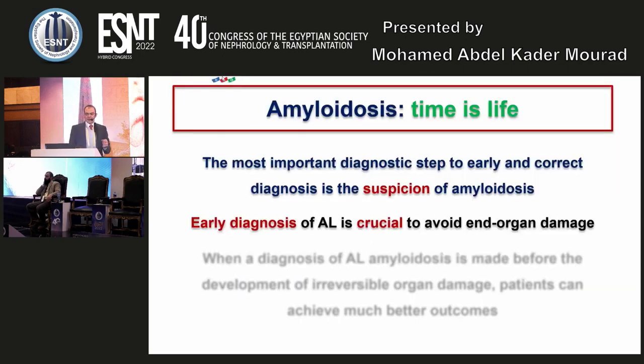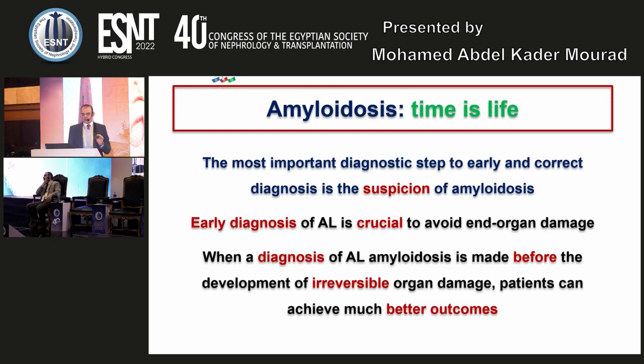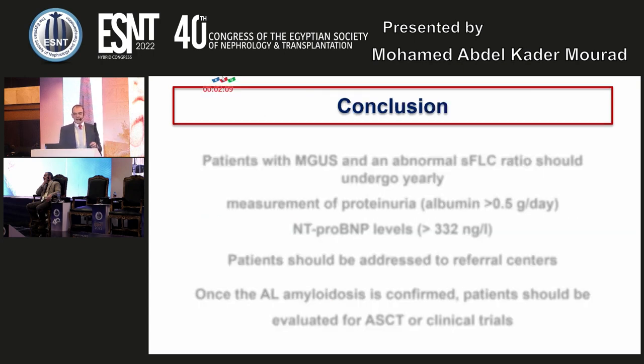To conclude, the most important thing in diagnosing a patient with AL amyloidosis is the suspicion of amyloidosis, and early diagnosis is crucial to avoid end-organ damage. When the diagnosis of AL amyloidosis is made before the development of end-organ damage, there is a much better outcome.